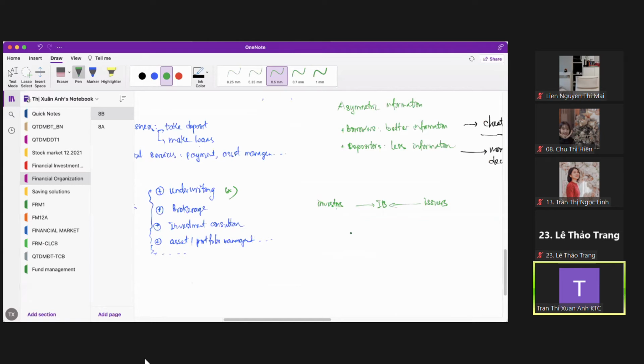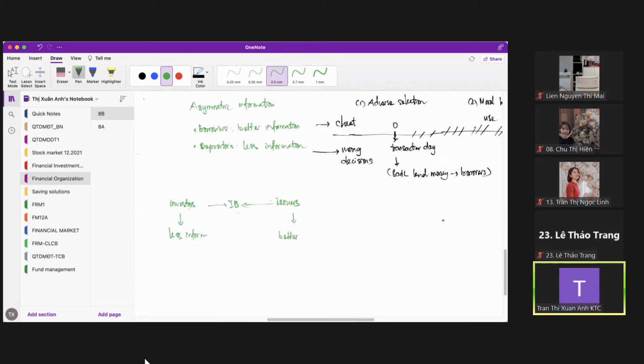The investment bank tries to help issuers sell securities, including bonds and stock, to the investor. And if investors want to use money to buy or sell stock, they need to do it via an investment bank. So in this case, investors are also in a position of less information, while the issuer, like the borrower, has better information.